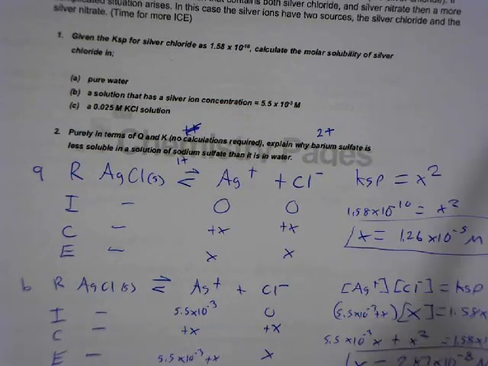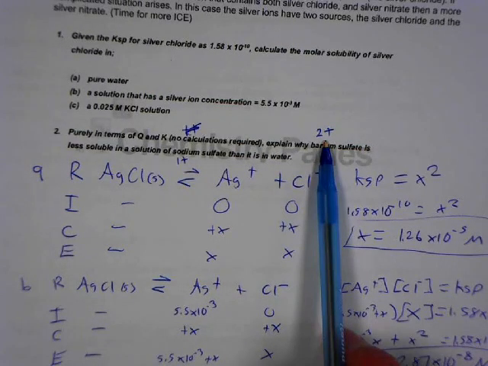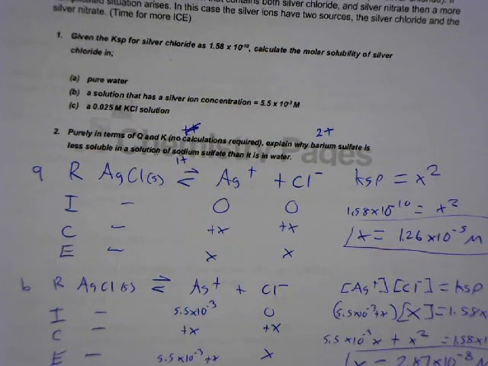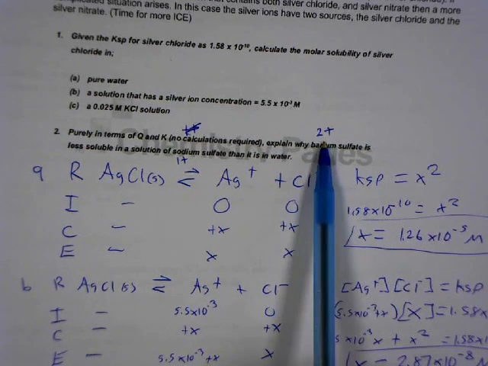It just has a sulfate. Why would it be less soluble? Because there's already sulfate in the solution. I don't know how you bring K and Q into this one. It's oversaturated.